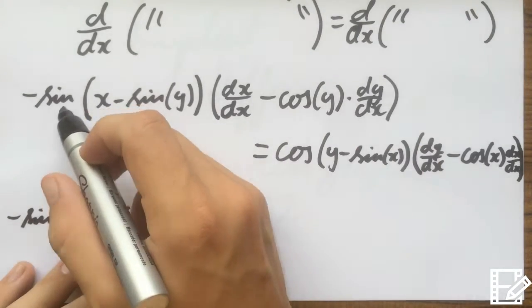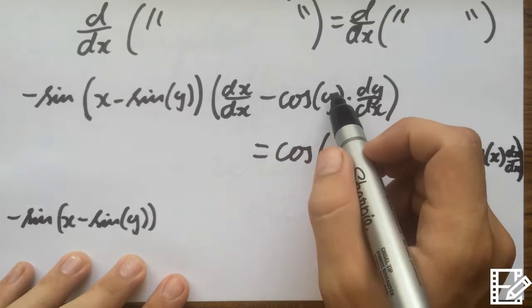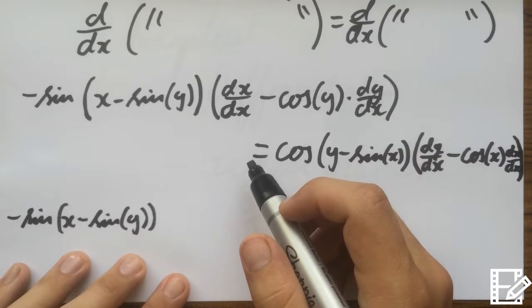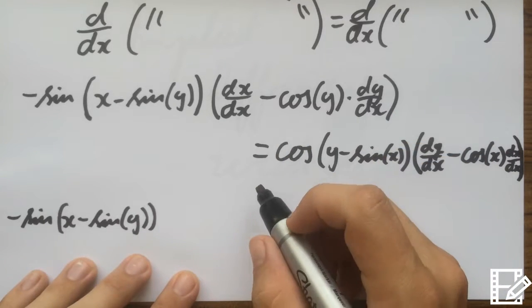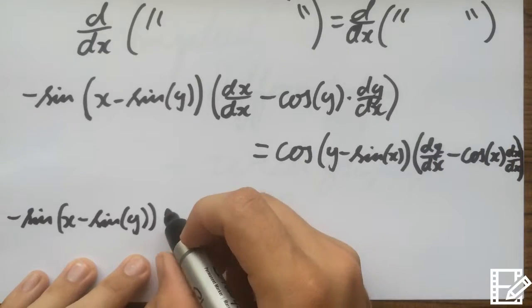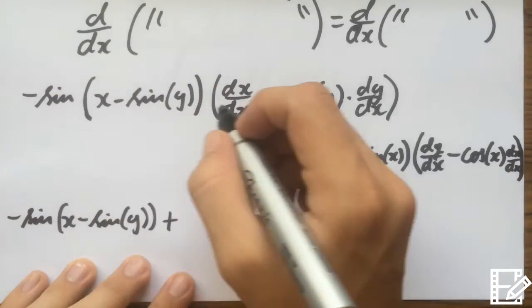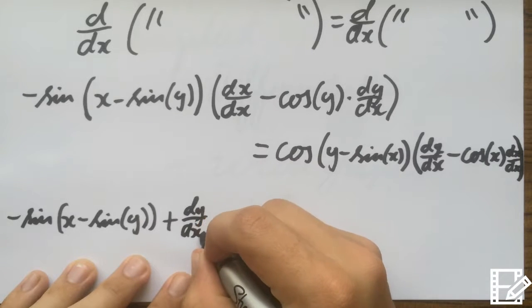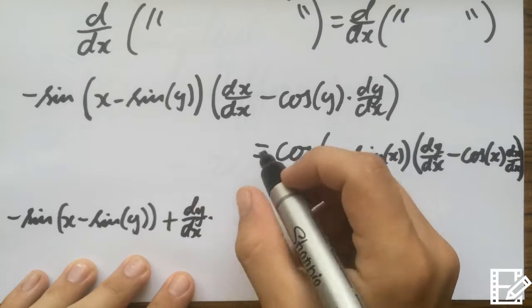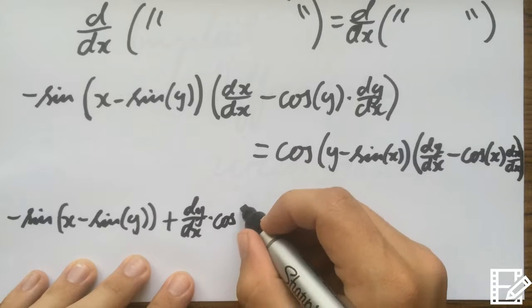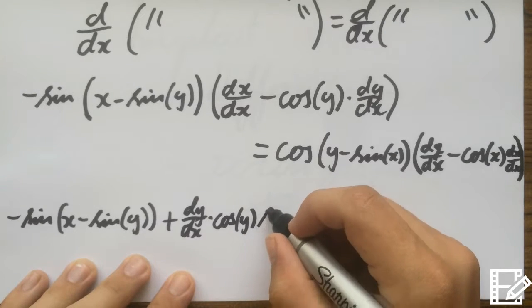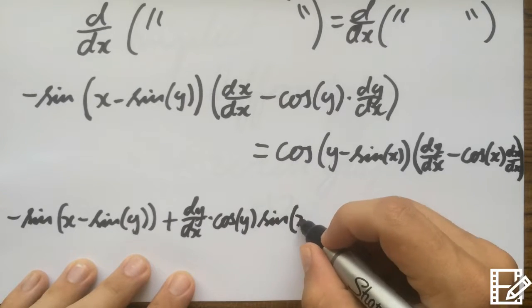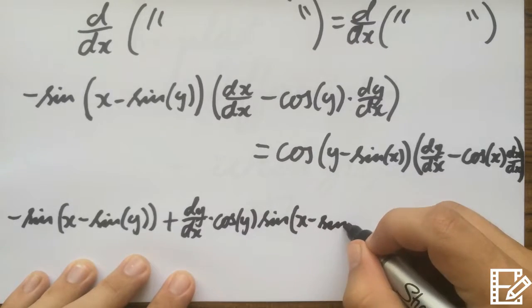Now we're multiplying negative sine of this onto negative cos y, which will come out as dy dx, so that'll be a positive because negative times a negative. I'll put the dy dx out the front, multiplied by cos y, sine of x minus sine y.